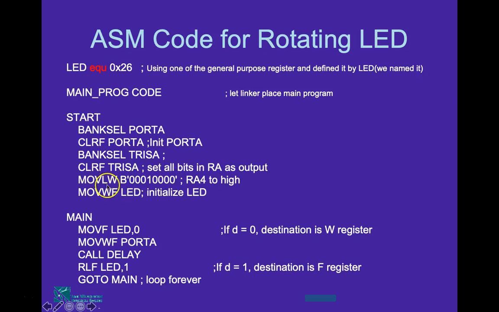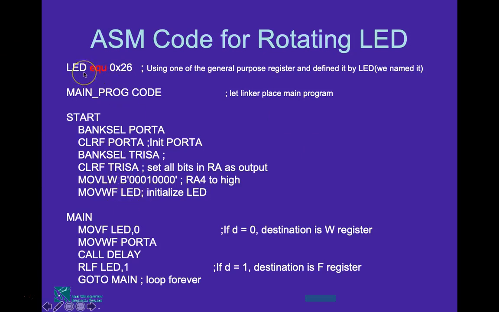So move literal number to the working register. We have used this instruction set to move this literal number, and then move whatever is there in the working register to the file register. Okay, and now the file register which I have picked up is this label LED.